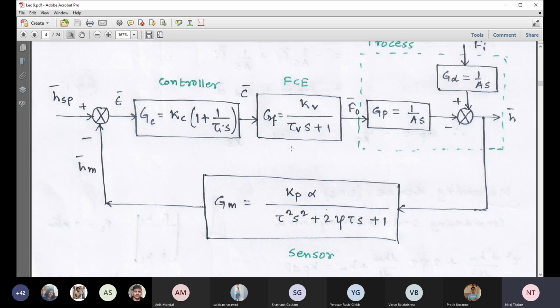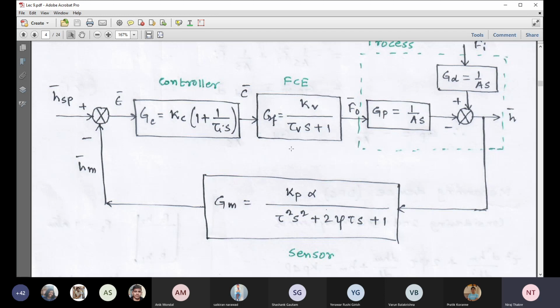Now we want to discuss the effects of these individual control actions. I repeat, we have developed the control schemes by incorporating in different ways the three control actions, namely proportional action, integral action, and derivative action. Now we want to discuss the effects of these individual control actions one by one.